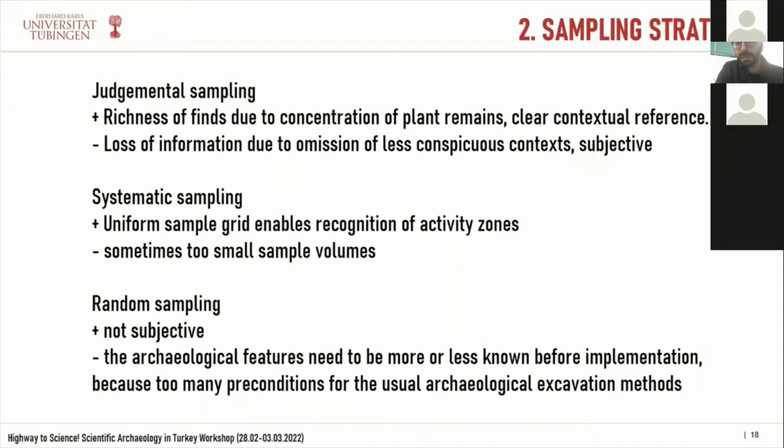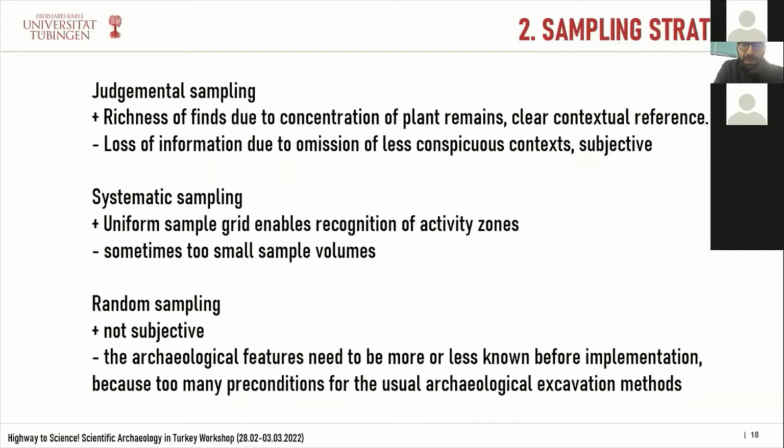In this case, the archaeologist is just collecting the samples for us, and then we process the samples. And archaeologists, of course, tend to collect the samples from clear archaeological contextual locations.